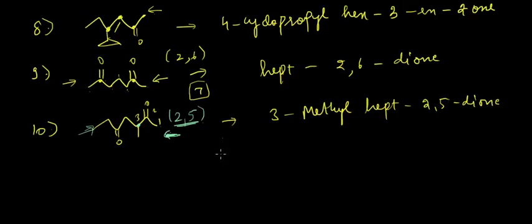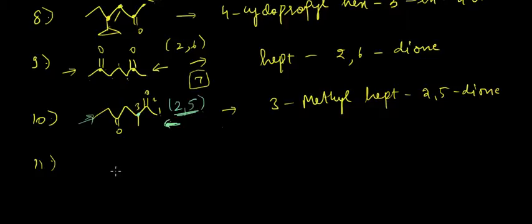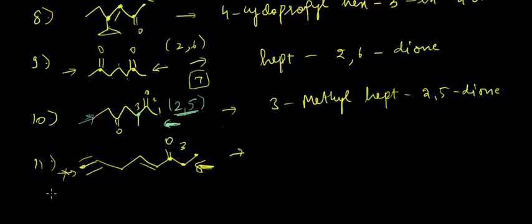Okay, for the last example of this video lecture, we have something like this. What would be the IUPAC name for this compound? Whether it is alkyne or alkene, the numbering will not start from this carbon, because the higher priority functional group would be at the 3rd position if we start from this extreme end, hence the numbering would be done from the other end.